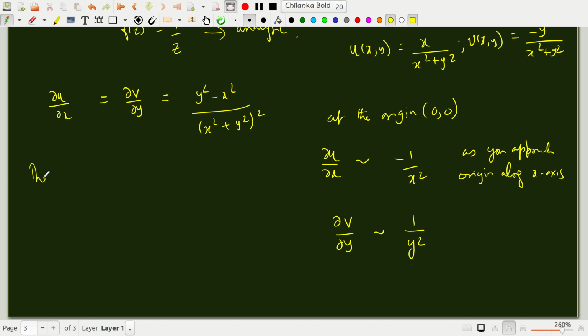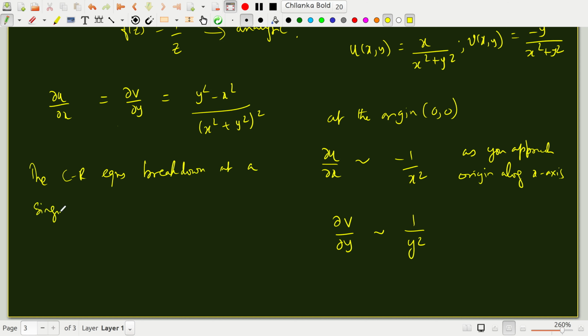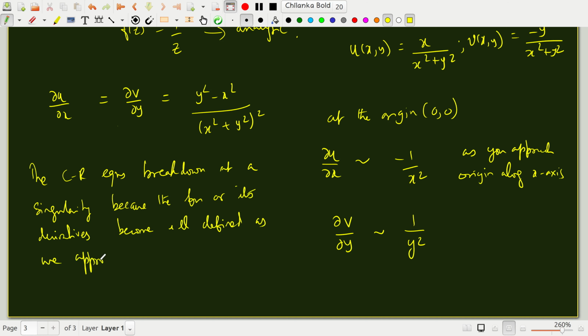The CR equations break down at a singularity, because the function or its derivatives which appear in the CR equations become ill-defined as we approach the singularity.